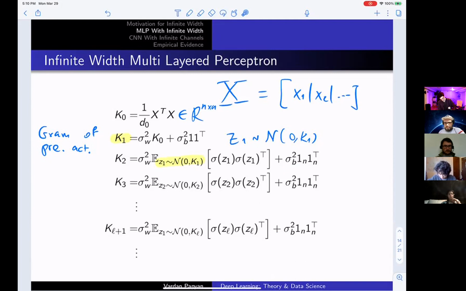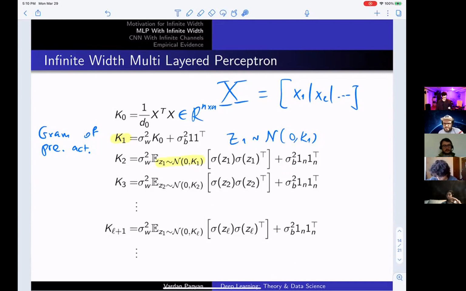Does anyone have any questions about this? Any questions? So the idea is that you can calculate the distributions of all pre-activations in the network because everything is just Gaussian.